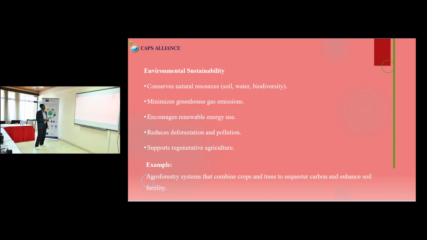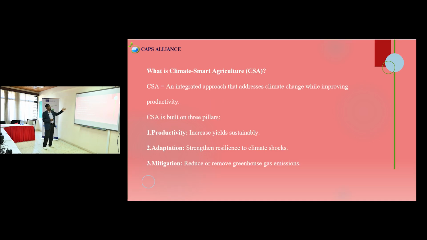Environmental sustainability. Of course, you have to conserve the environment. Whatever you do, it has to be environmental friendly. You must conserve the environment. And that's why we define the term circularity, so that nothing goes to waste. Then reduces deforestation. Of course, we know that. So that's okay.